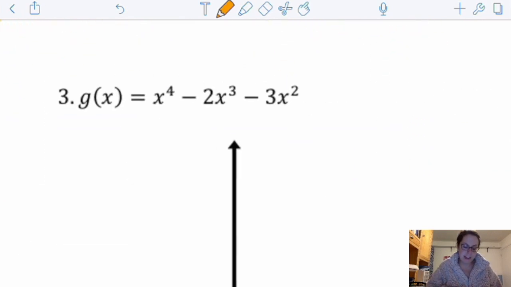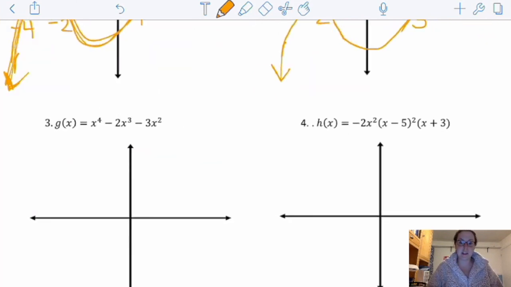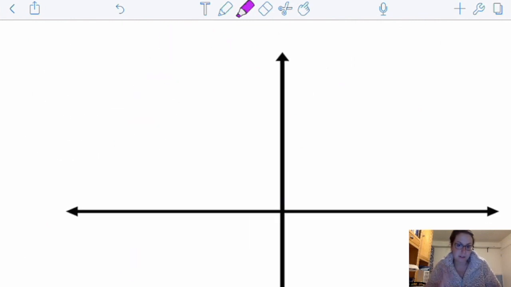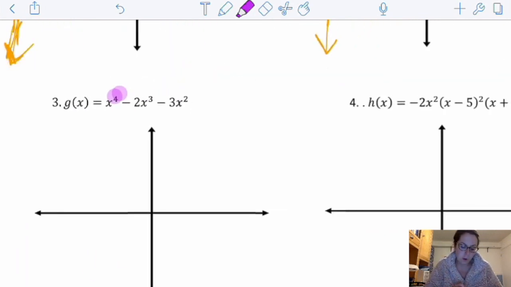Now, on one like this, we're not given this in factored form, which actually makes the degree and leading coefficient part easier. So the degree here, you're looking for your highest exponent. Your degree is going to be a 4, and your leading coefficient is positive because it's positive out front. So 4 is even, so this will go up, up.